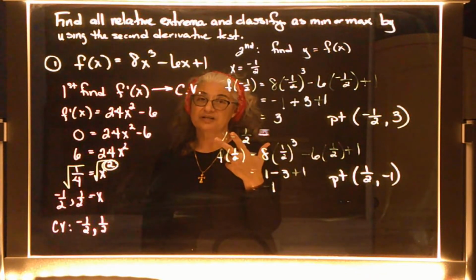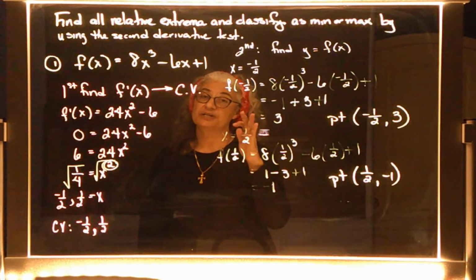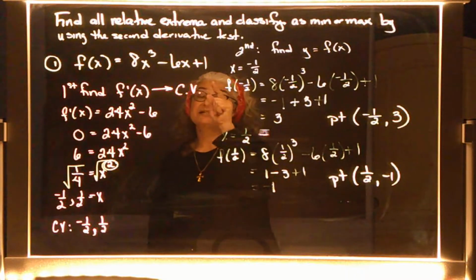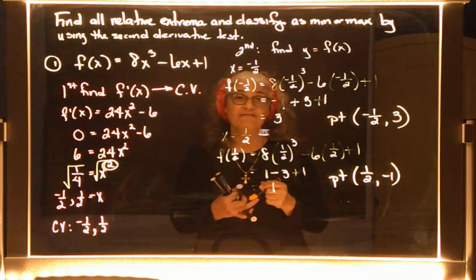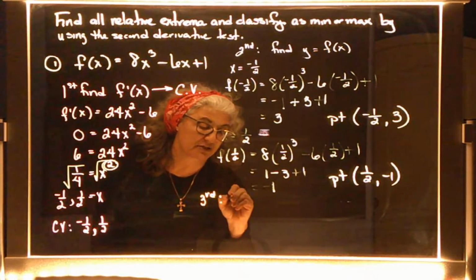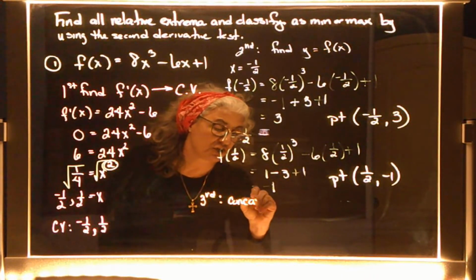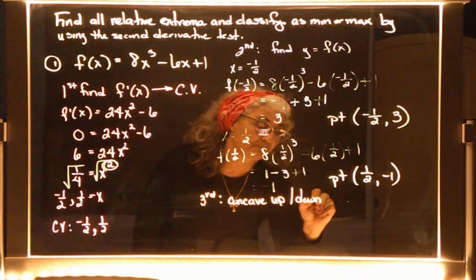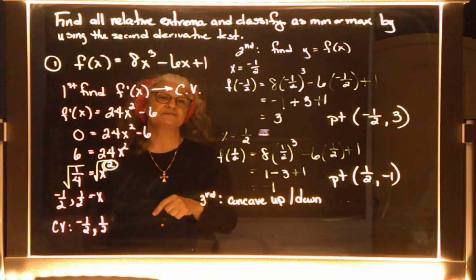So step 3 from a prior lecture was finding where it increased or decreased. In this case, that second derivative test is not finding where it's increasing or decreasing. Our third step here is finding where it concaves up or down. That's the second derivative test.